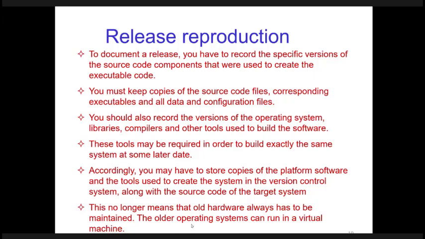But operating systems can run on virtual machines. For example, Windows XP can run on Windows 7 as a virtual machine. This is done to maintain backward compatibility.